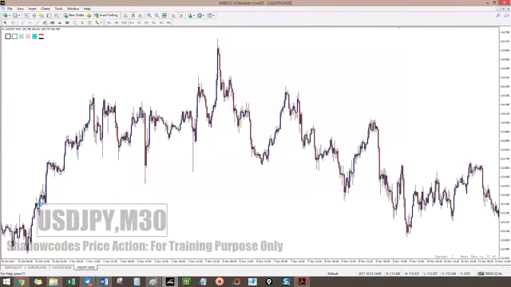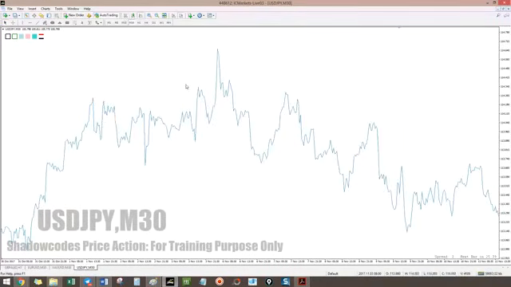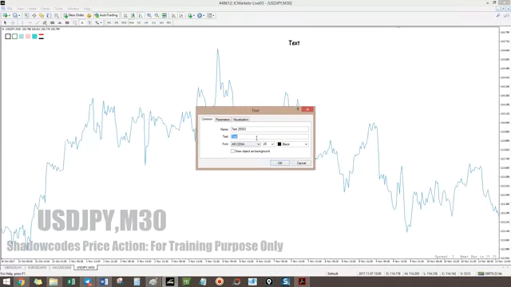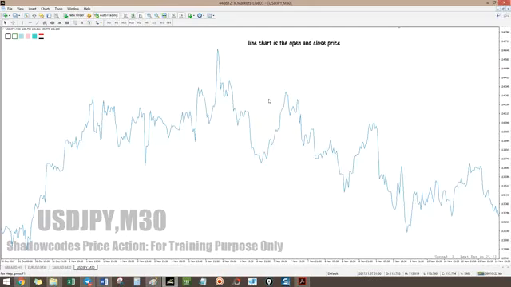Over here, we take the line chart. The line chart is the open and close price. I will write it down here: line chart is the open and close price. Note this down.